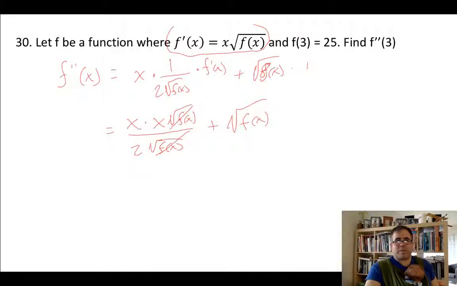Now we want f double prime of 3, so we get 3 squared, so 9 over 2, plus square root of f of x. Well, they tell us that f of 3 is 25, so this becomes 9 halves plus square root of 25, which is just 5. However you want to simplify that, probably I would do it as an improper fraction. That's going to be 19 halves.